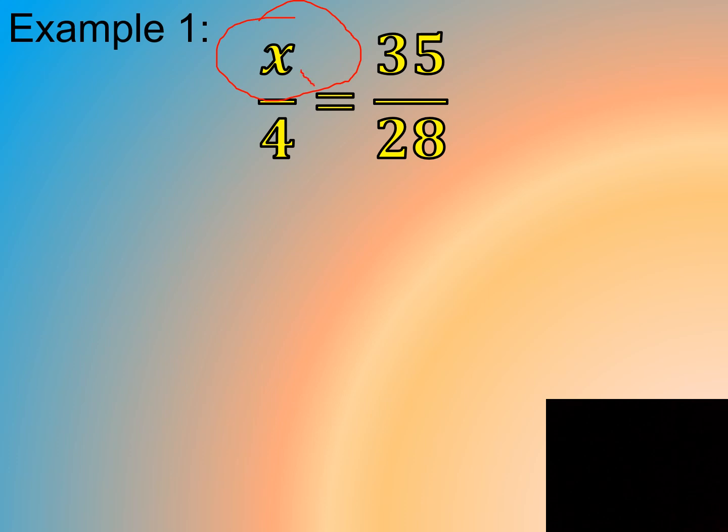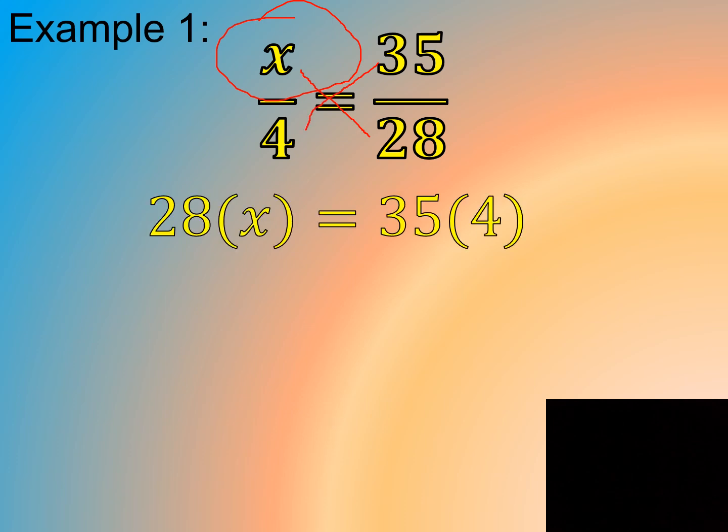So we cross multiply x times 28 is 28x, and we also multiply 35 and 4. Again, we simply use cross multiplication. So 28x is equal to 140.